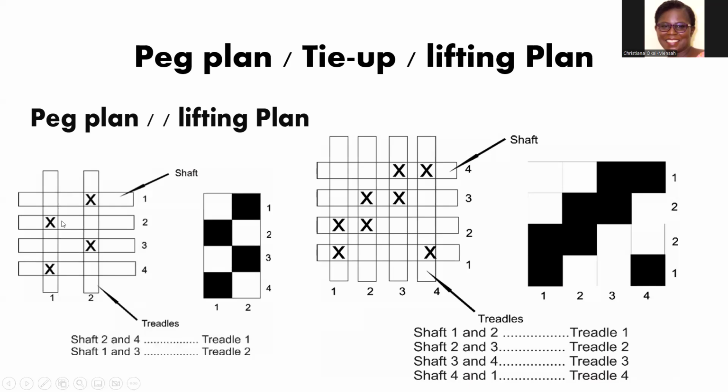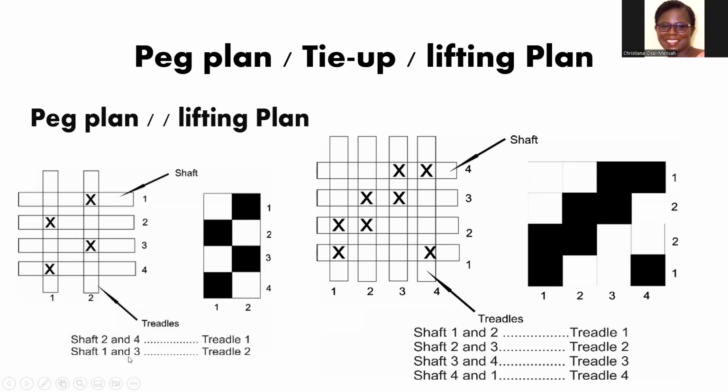Okay. So here we have plain weave. So we have 1. This is shaft 1. This is shaft 2. Shaft 1 and shaft 2. So this one is 1 and 3. You see it, we tie 1 and 3 to treadle 1.